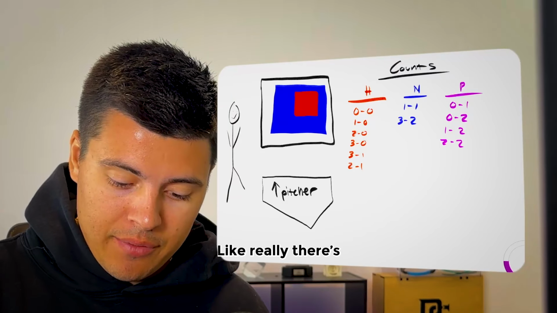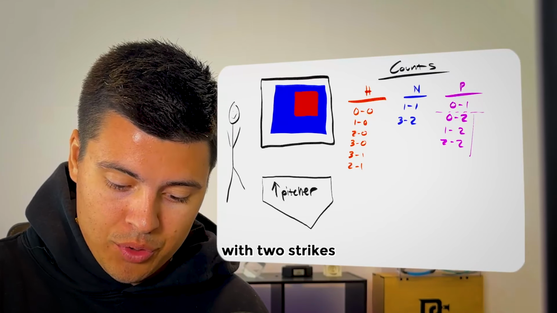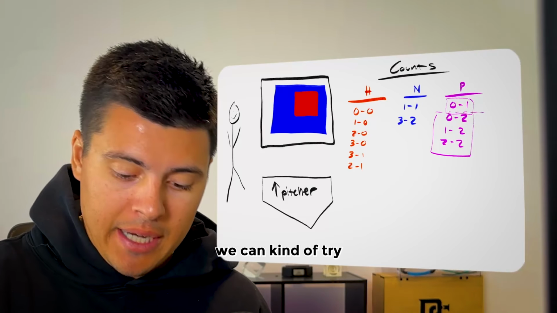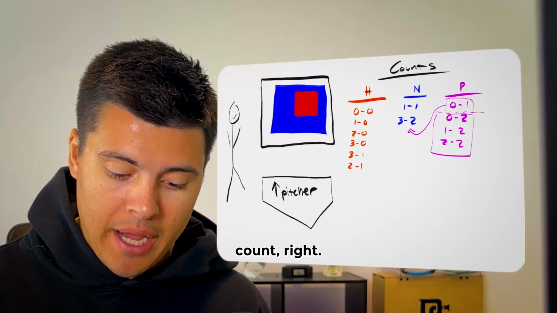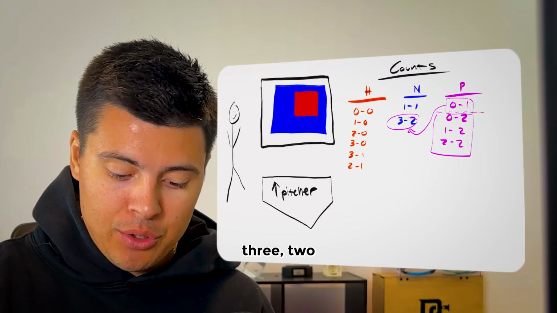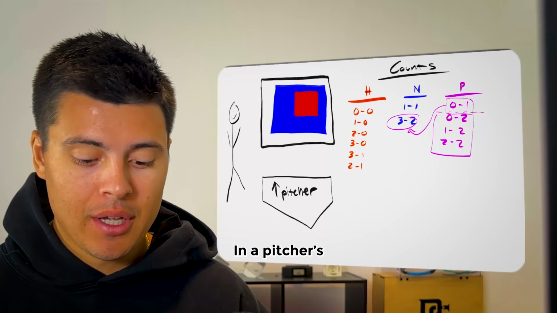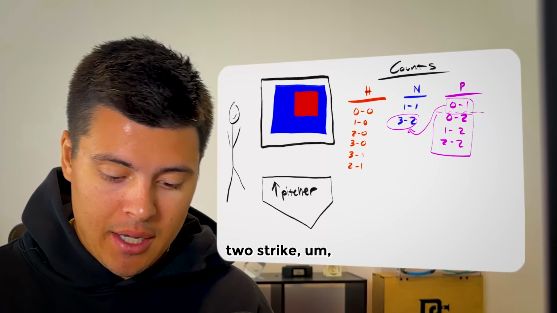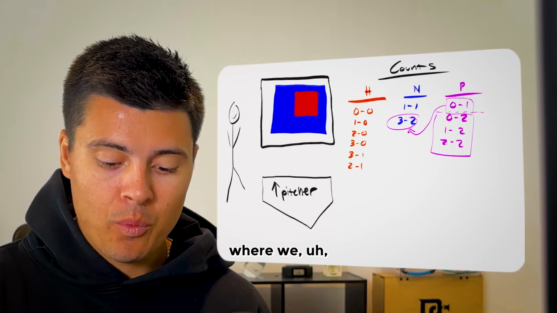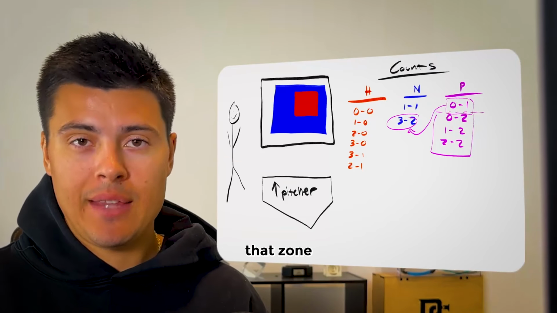Really there's the one with 2 strikes and then without. So without, obviously in that 0-1 count, we can kind of treat it like a neutral count, right? Where we don't want to necessarily be chasing, so to speak. And even really 3-2 can swap over here as well in a pitcher's advantage count, just because there's that 2 strike area. The pitcher advantage counts, this is gonna be where we want to expand that zone a little bit more.